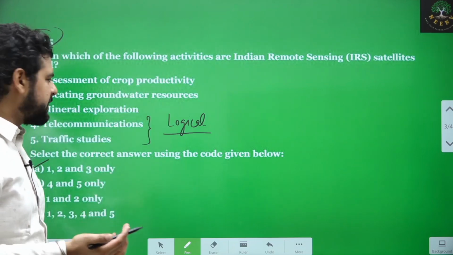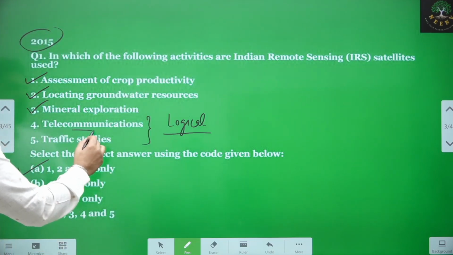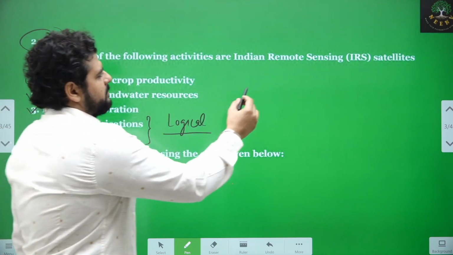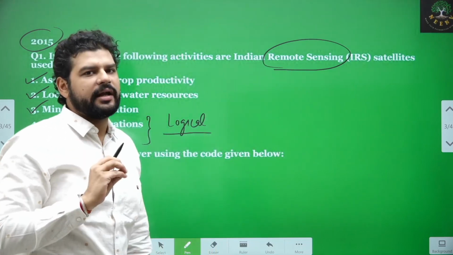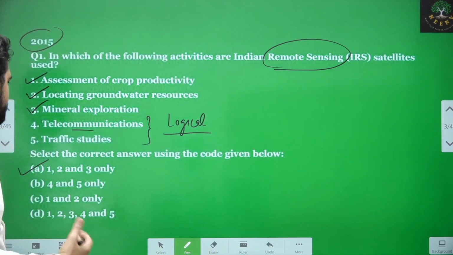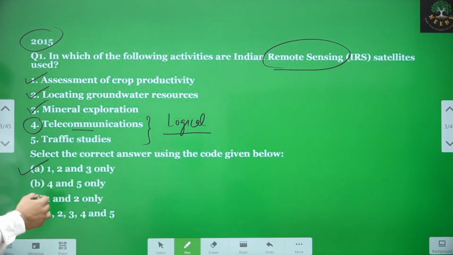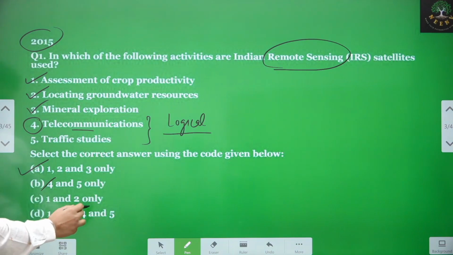Secondly, telecommunications and remote sensing don't match together if you have the conceptual clarity. So elimination could have been used. The fourth could have been eliminated quite nicely. So two options are gone, 1, 2 and 1, 2 and 3, right?